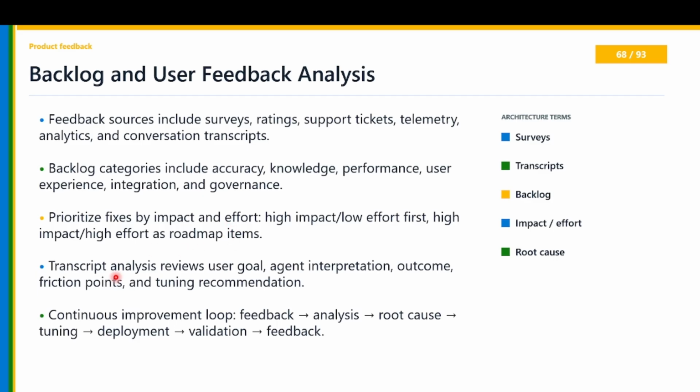That should be your roadmap item. Then there is transcript analysis. Remember this is the transcript of the conversation between the agent and the user, or between the agent and the owner. Transcript analysis reveals user goal, agent interpretation, outcome, friction point, and tuning recommendation. These are what you can achieve with transcript analysis.